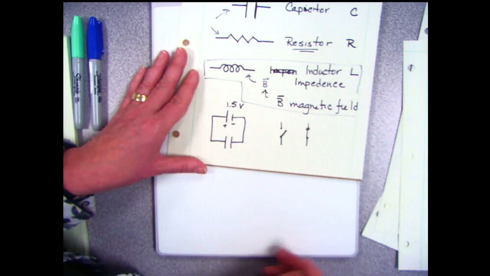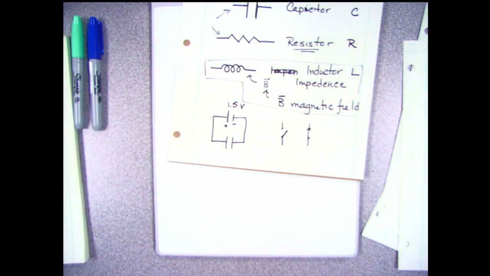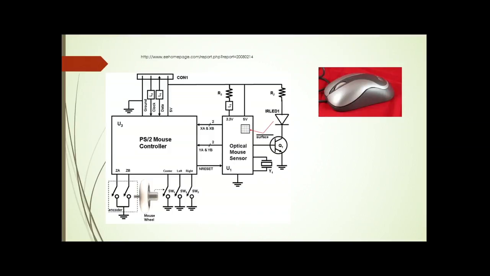I can use a circuit diagram to start talking about where things are. I'm going to put capacitors in my circuits, I can put resistors in my circuits, and the circuit diagram can be used to show the electrical circuit. So my mouse uses a capacitor. In fact, there it is.